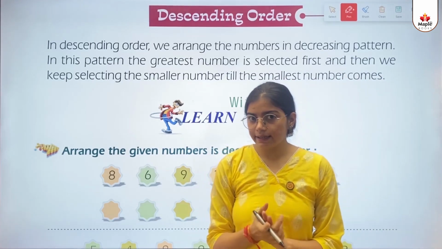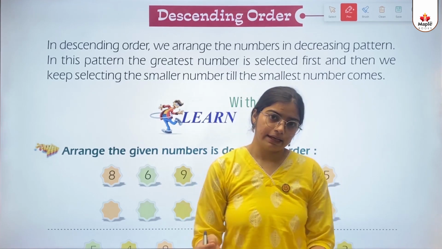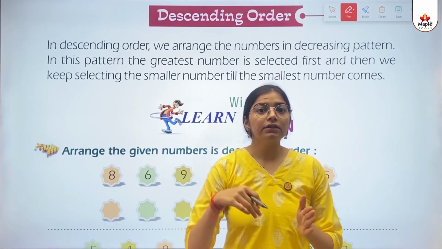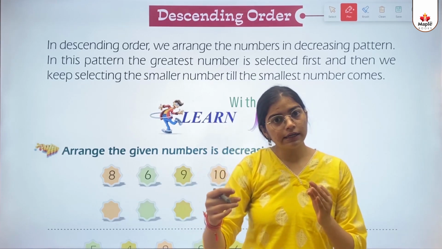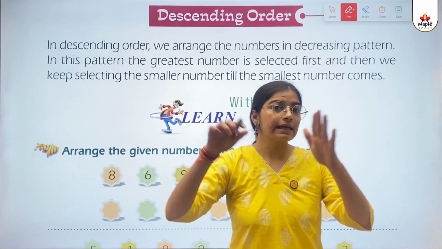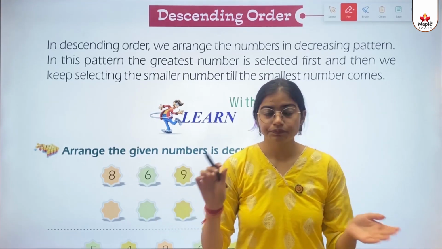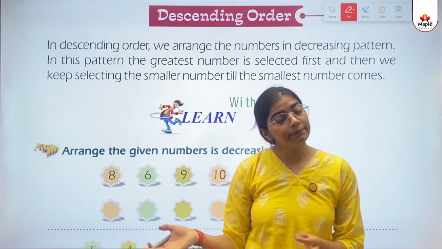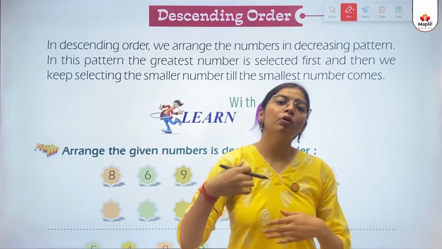So basically kids, in descending order, we arrange the numbers in a decreasing pattern. We start from the greatest number, then the smaller number and in the end the smallest number. This is how we arrange descending order numbers. So we will look at some questions and understand the concept of descending order more clearly.